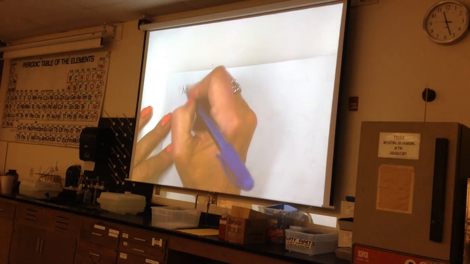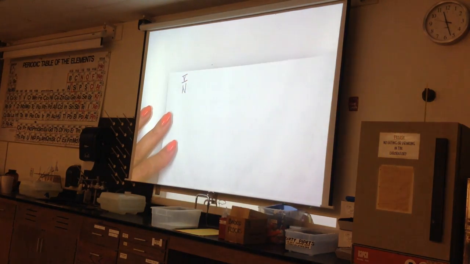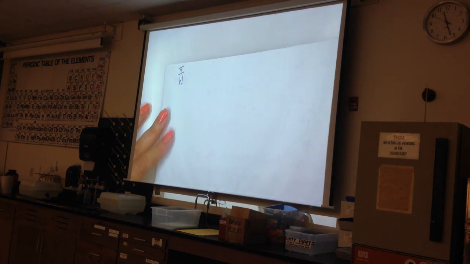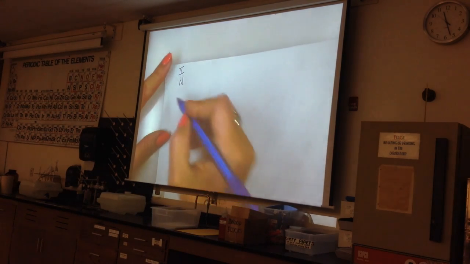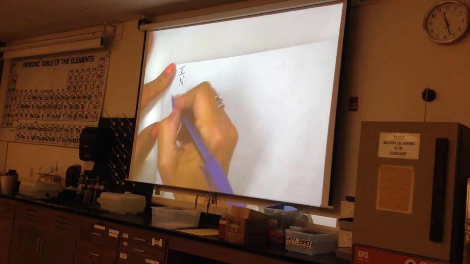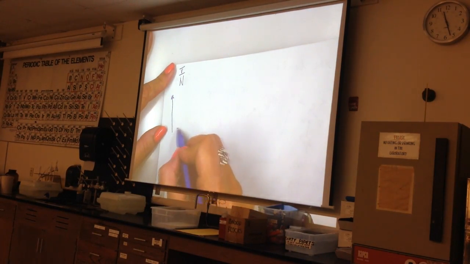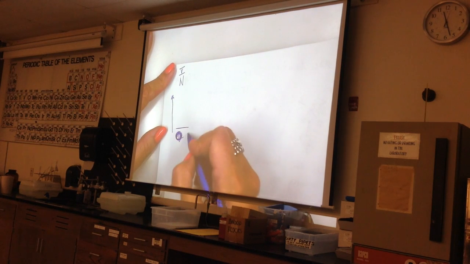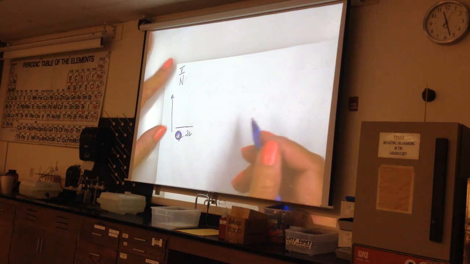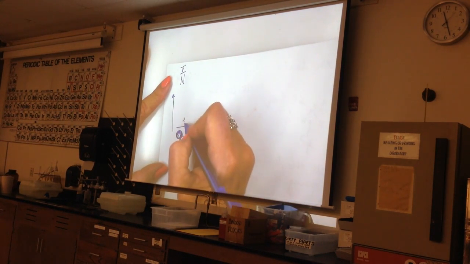Nitrogen looks like this. I'll explain it like this. Nitrogen is in group 5. So back again, nitrogen in group 5 is going to look like this. In the 2s, nitrogen has 1 and 2.